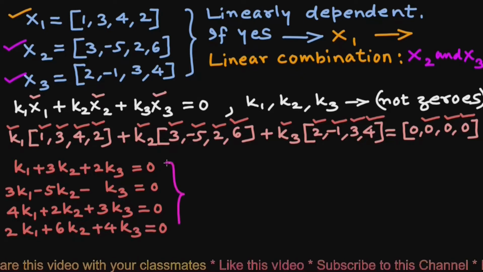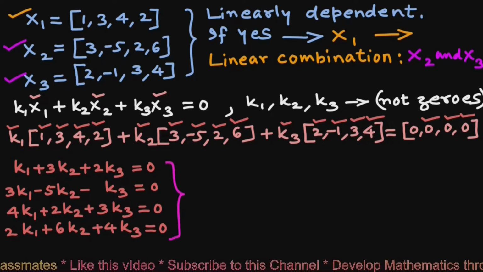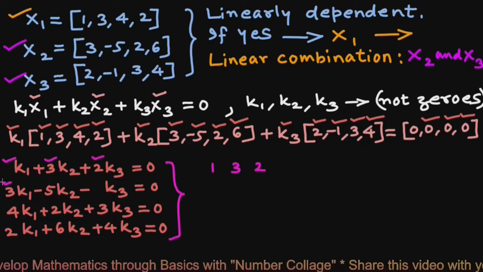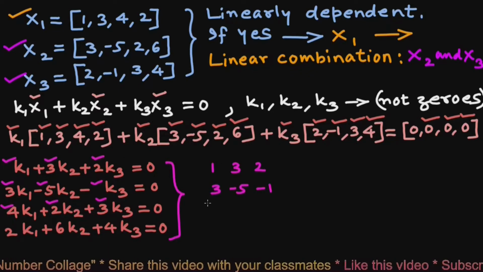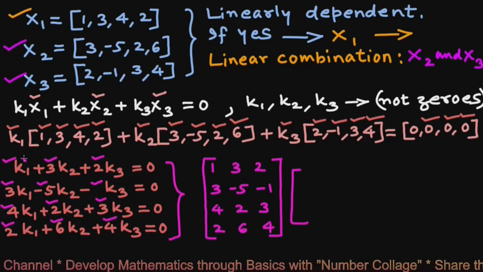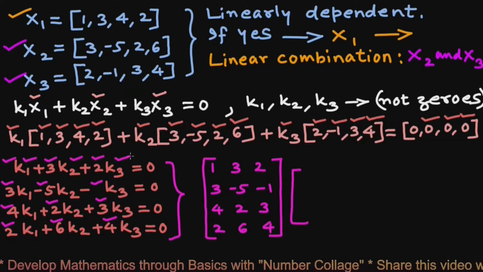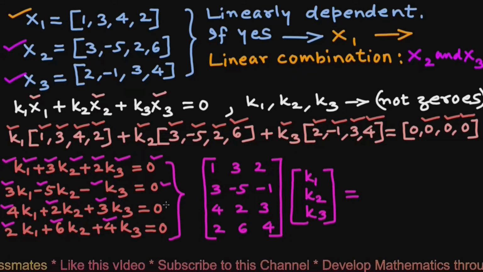Now we will write these four equations in the matrix form. So that will be the matrix 1 3 2, 3 minus 5 minus 1, 4 2 3, 2 6 4, multiplied by k1 k2 k3, equals the column matrix of four zeros.